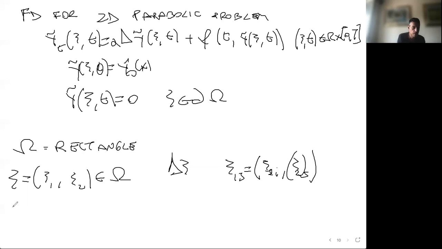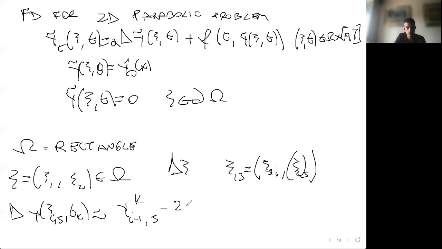So if I want to approximate the Laplace operator of a function y(ξ_ij) at time t_k, this is a well-known 5-point approximation, and this is actually given by y_{i-1,j,k} minus twice y_{i,j,k} plus y_{i+1,j,k}.